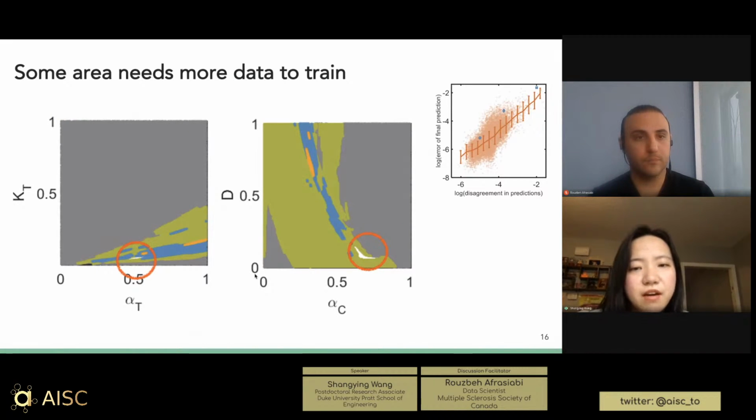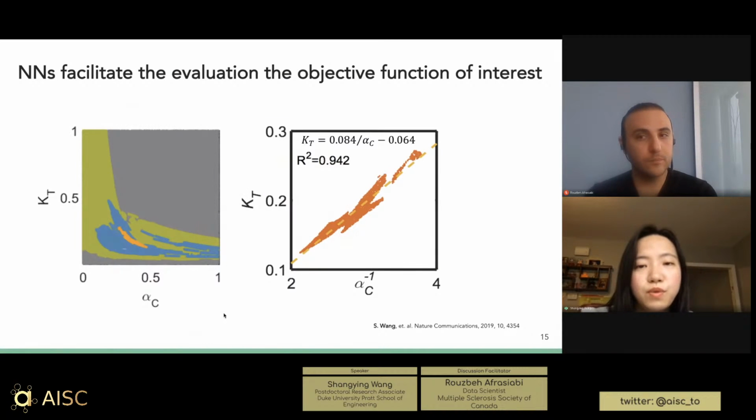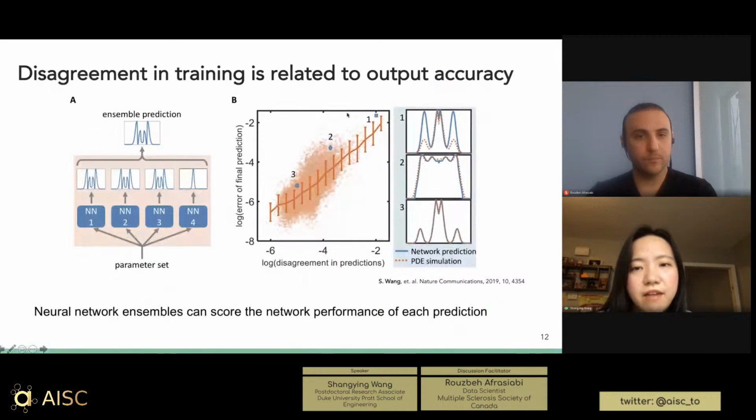Based on all this, there are very interesting findings. When I use this to screen through all the parameter space, I have a threshold. I randomly set a threshold such that if it is exceeded, I throw the data away, because they have such large disagreement that maybe it's not reliable for me to trust the prediction.